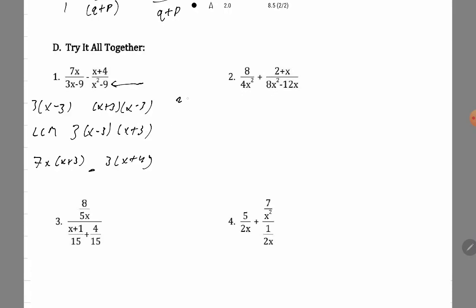So simplifying a bit, 7x squared plus 21x minus 3x plus 12. So we have 7x squared plus 18x minus 12 over our denominator 3 times x minus 3 times x plus 3.